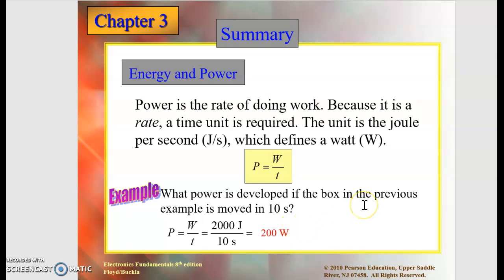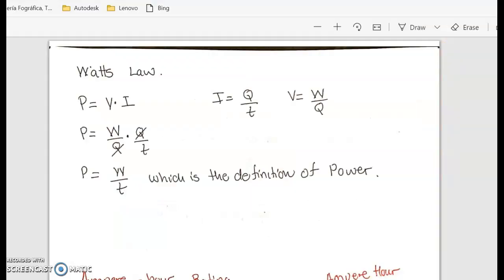So it is important that Watt's law is what links Ohm's law. And that is important because sometimes people talk about the power rating, or they give you the power value of a resistor. From power, you can find voltage, you can find current, you can find resistance. The way you would do it is you solve for V using Ohm's law and plug it in here, or you can solve for I and plug it in here, if that would be the case.